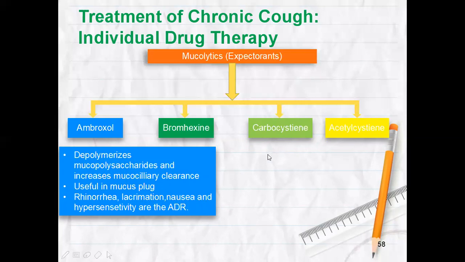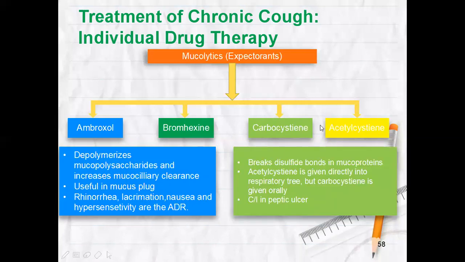So the next drugs that we will be talking about are carbocisteine and acetylcysteine. They act by breaking disulfide bonds in the mucoproteins. The mucoproteins are linked by various disulfide bonds, and carbocisteine and acetylcysteine act by breaking those disulfide bonds, thereby decreasing the viscosity of mucus, thus helping to clear out the mucus.